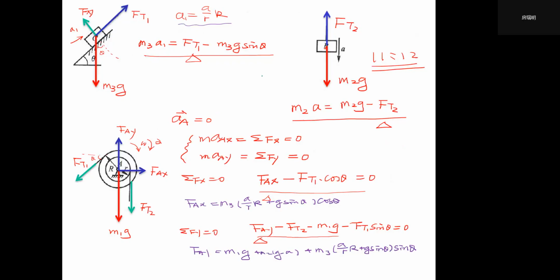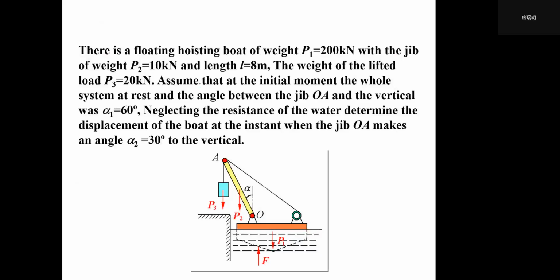Here we use Ft2 to denote this force. So we have m2 a equals m2 g minus Ft2, and here is the force analysis. So I think that's all for this whole chapter 12. Here we finish this chapter 12.